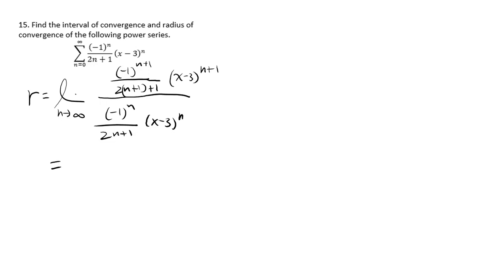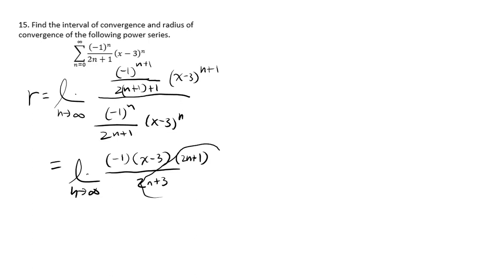So if you divide, it will be negative 1 on top. This divided by this will give you 1 x minus 3 there. And then if you divide, this is 2n plus 3 and there will be 2n plus 1 down here. So this is what you're going to get if you simplify it.